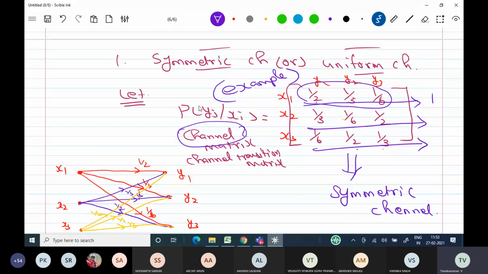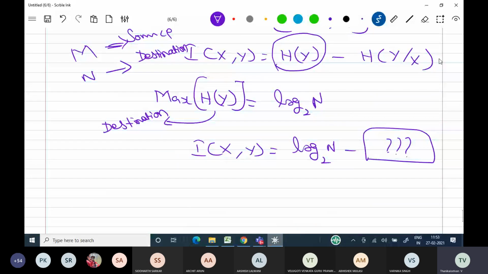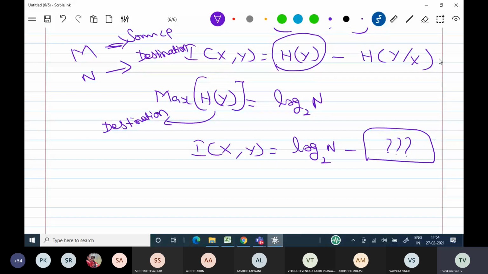So for the channel capacity calculation, I am going to take H(Y|X) as the maximum value. For the channel capacity alone, I am going to take like this. You take any of the row.